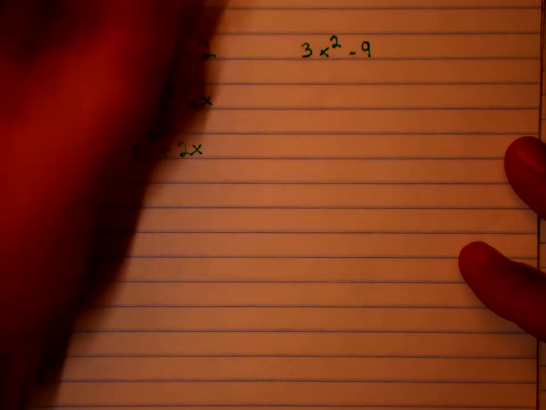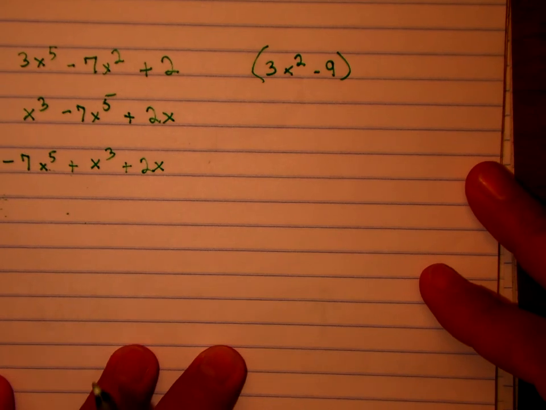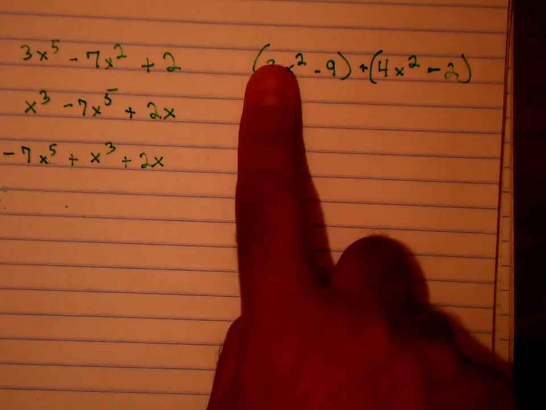Let's say 3x squared minus 9, and now we're going to work on some simplification, plus 4x squared minus 2. All right, notice this is an addition problem of 2 binomials.